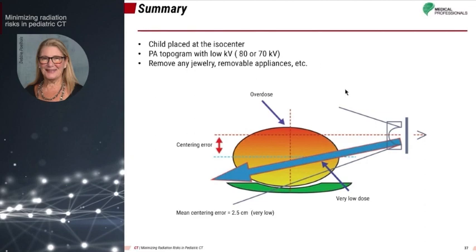The field of view is adapted to the morphotype of the child, but please note that the use of the field of view of 25 centimeters delivers a dose 5 to 10% higher than that for a field of view of 50 centimeters. mA values should be adapted to the morphotype of the patient, the child's weight or diameter, and increasing the pitch from 1 to 2 will divide the dose by 2.